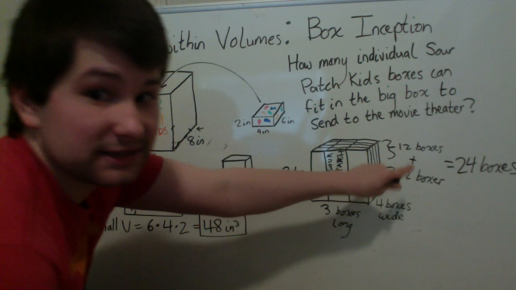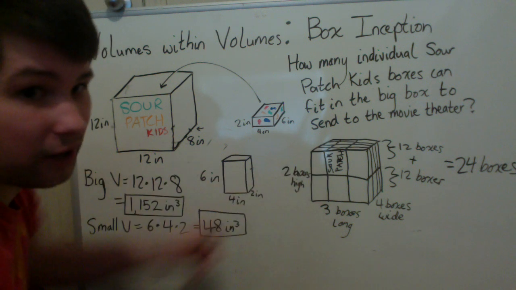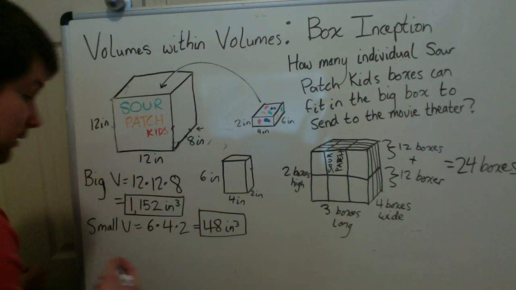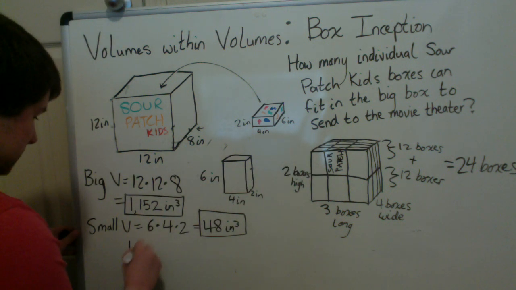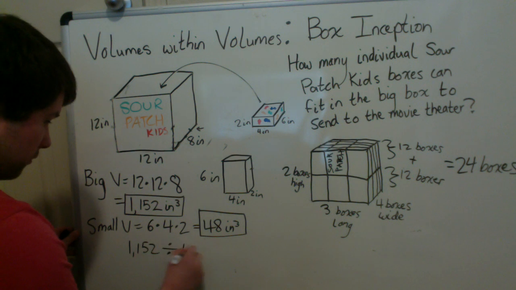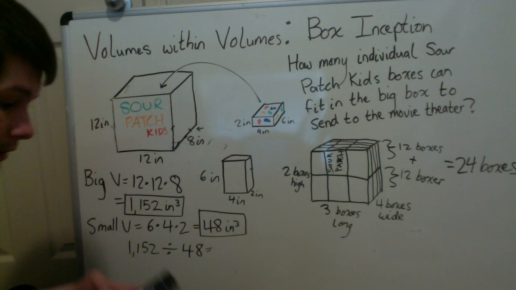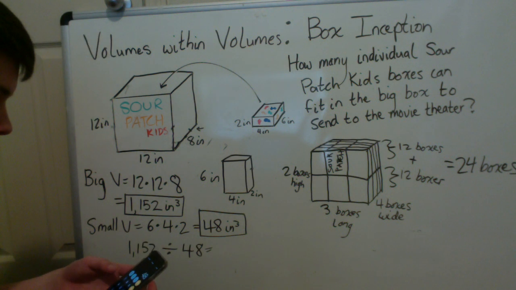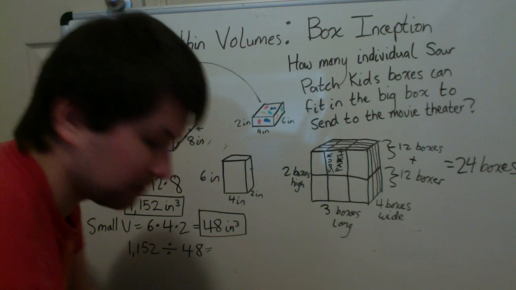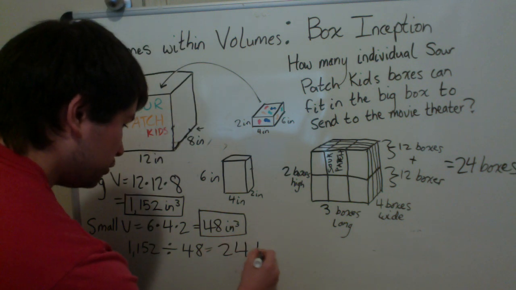We should get the same answer as when we kind of drew a picture and thought about how it would fit in perfectly. 1,152 divided by 48 equals, let's see, hopefully it's right, otherwise this video is going to be a big flop. I got 24, hopefully you did too.